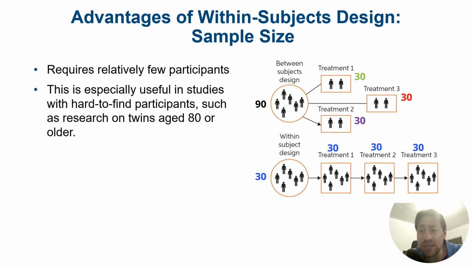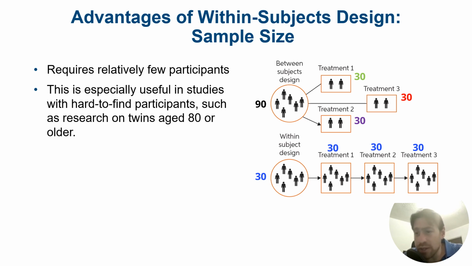Whereas in a between subject design, if you need 30 separate people per condition, that's going to be, with 3 conditions, for example, 90 people total in your study. So 3 times more people that you have to recruit.